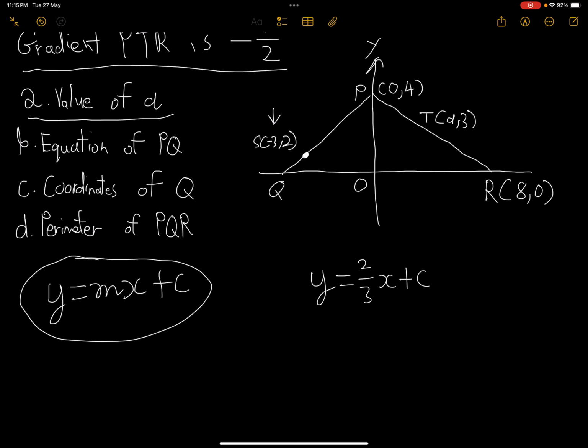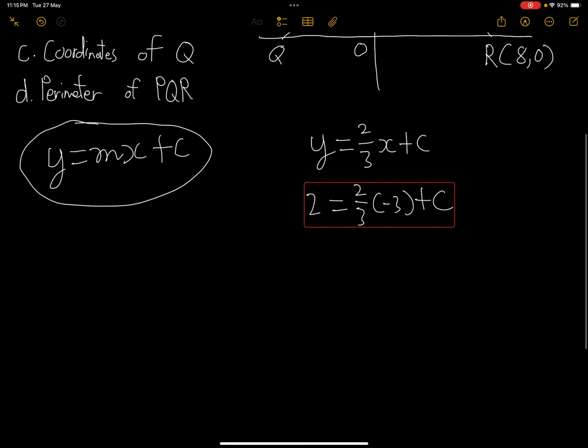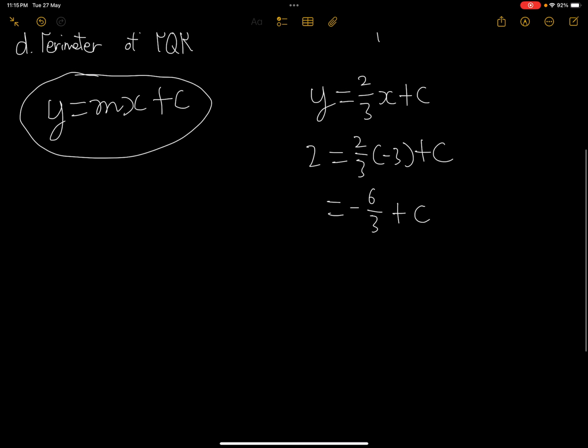Substituting the S coordinate into the line equation would turn it into 2 equals 2 over 3 times negative 3 plus c. 2 over 3 times negative 3 equals negative 6 over 3 plus c. Negative 6 over 3 plus c just means negative 2 plus c.